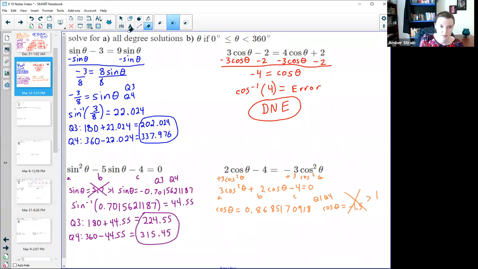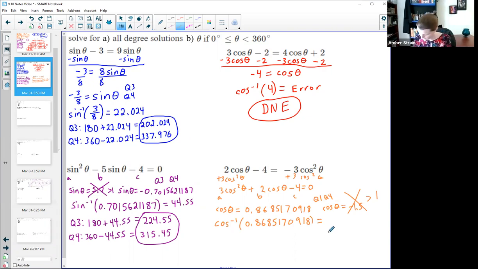So let's type that in. It's the arc cosine. Make sure to hit second. Make sure to type in all of those decimals. Don't get a rounding error after all that hard work. There we go. It'll give you the quadrant 1 answer of 29.71.